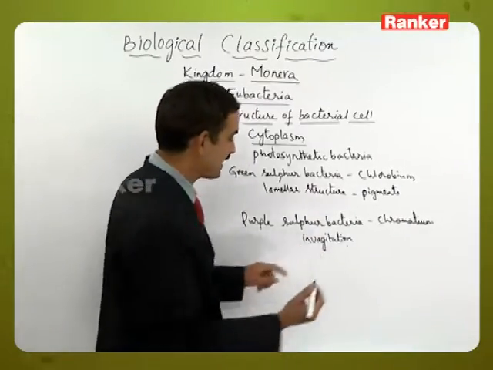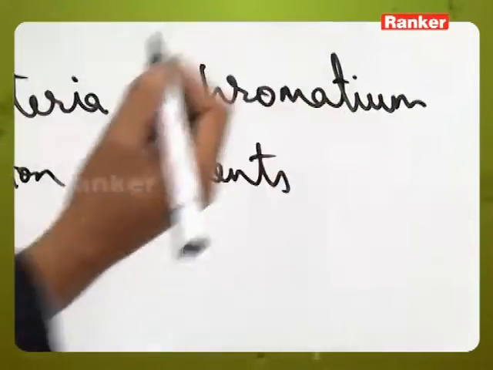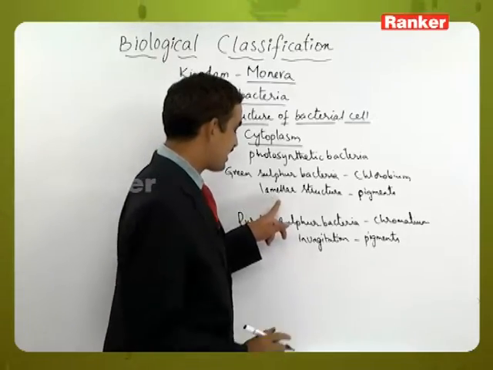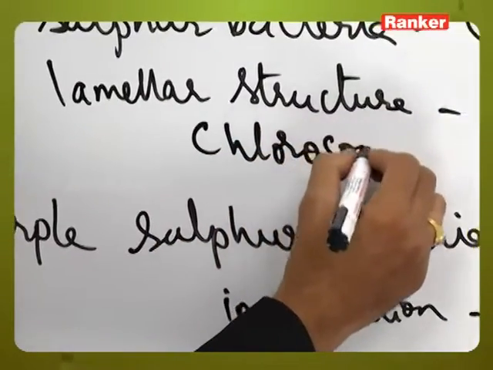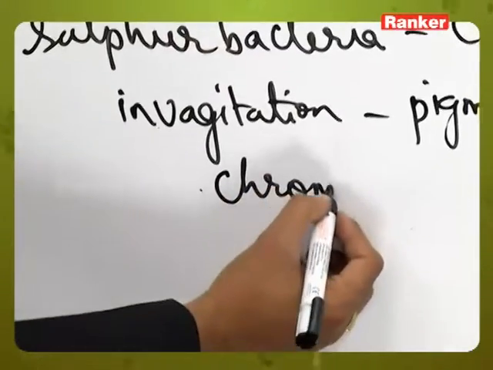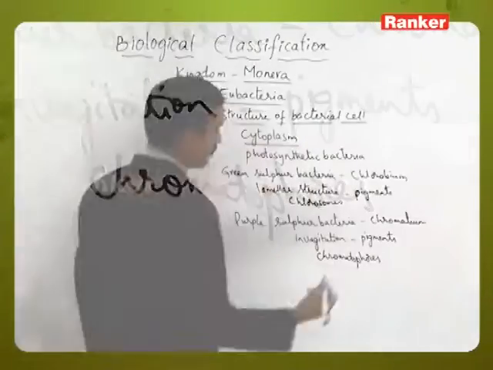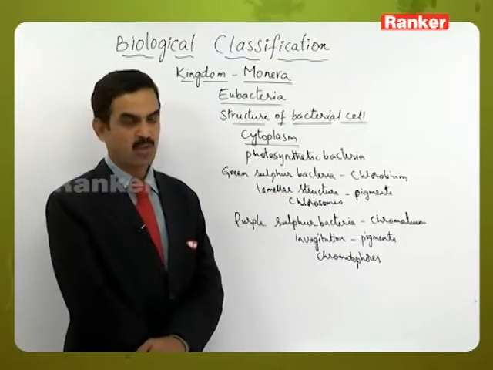Those invaginations contain the photosynthetic pigments which are required for the photosynthetic process. So here the lamellar structures are called chlorosomes, and the invaginations are called chromatophores.